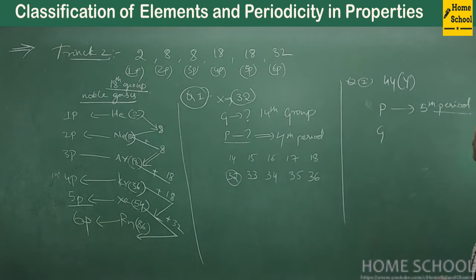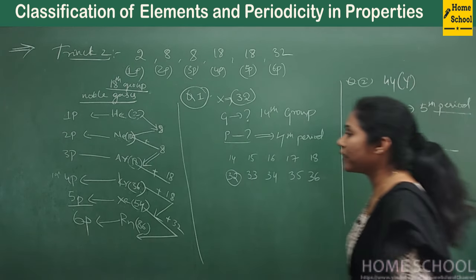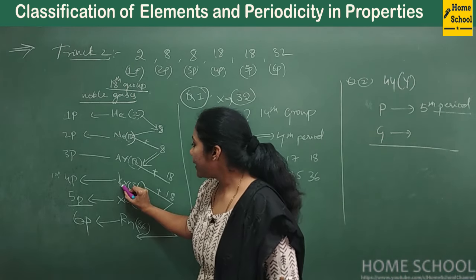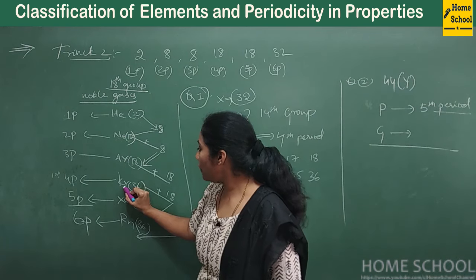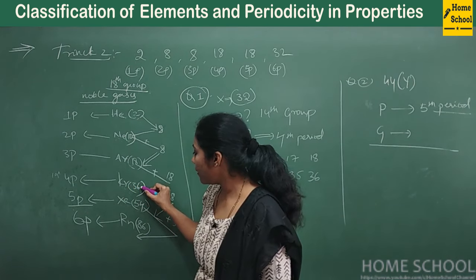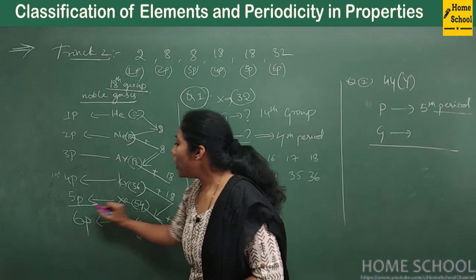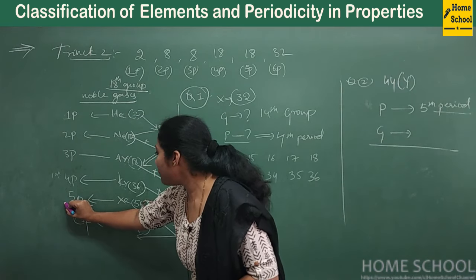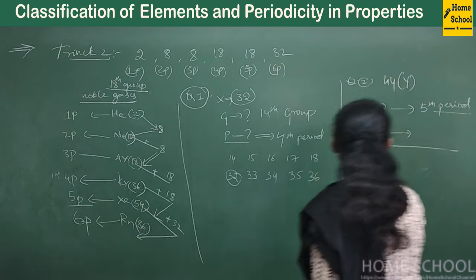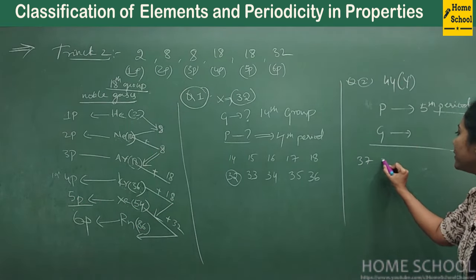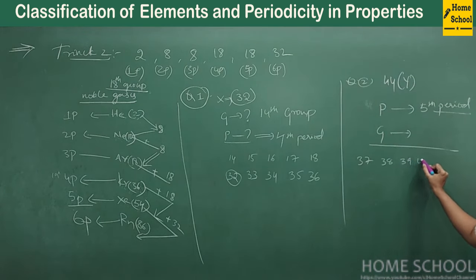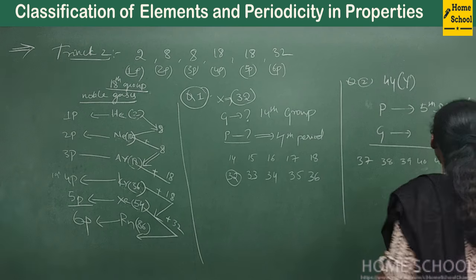Okay. And now coming back to group number. How to decide the group number? You see here, in the 18th group, krypton 36 has ended. So that means your fifth period will start from the element 37, isn't it? So 37, 38, 39, 40, 41, 42, 43, 44, right?